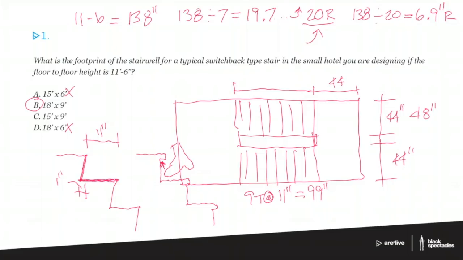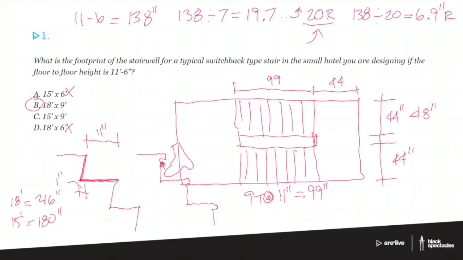So we have the 11 inch, we have 99, that puts us there, 44 plus the 99. If we compare, 18 foot is going to be, what, 216 inches, I believe. 15 foot should be 180.